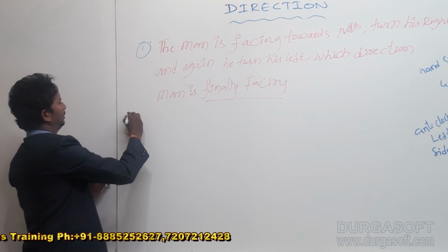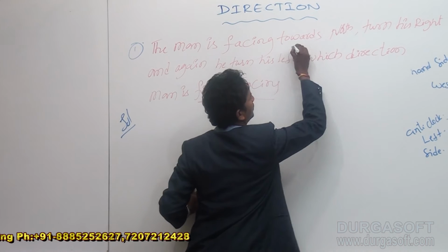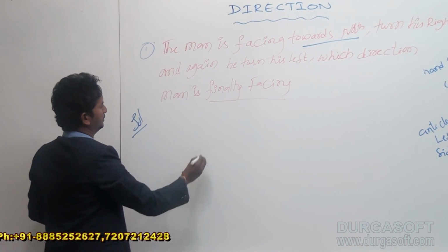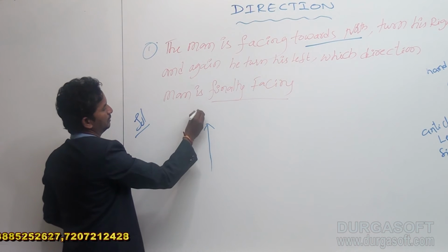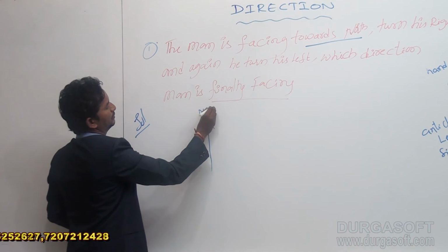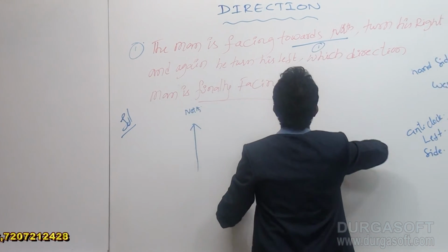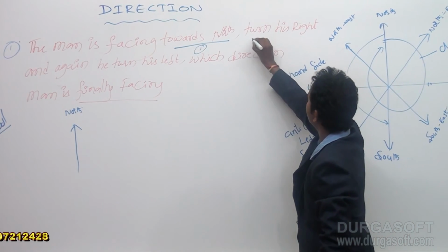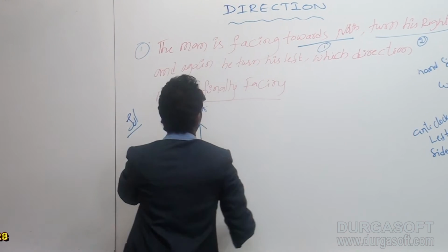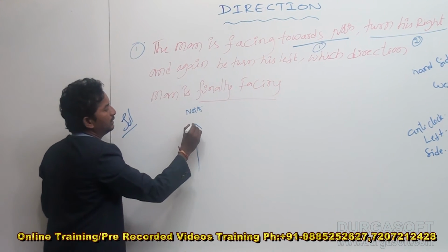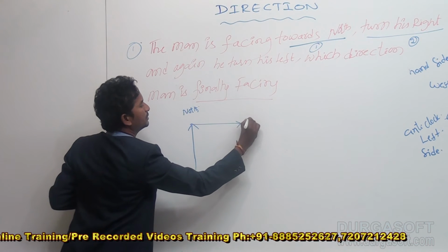Now see the solution part. The man is facing towards the north. Now the person is going towards the north. This is the north. Again the turn is, this is the first one. The man is facing towards the north and his turn is right. Right of north is east.